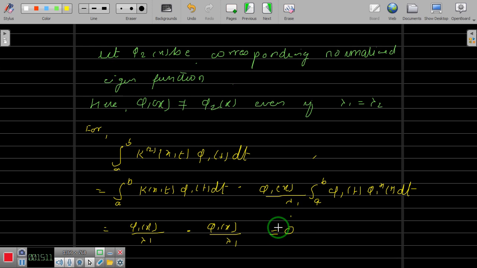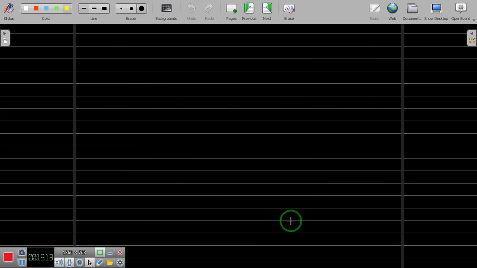Okay? And if this is equal to 0, this implies phi 1 is not an eigenfunction of k2 of x comma t.